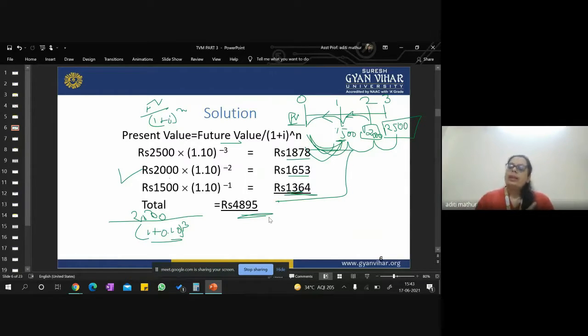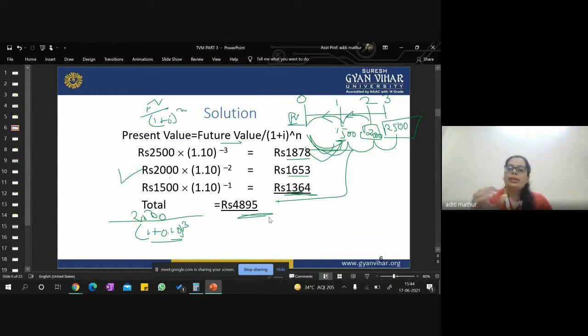So first, timeline. Second, proper use of the calculator to calculate the amounts. Discounting is done here because we are calculating present value. And the third step is to add up all the present values individually to get the total present value.